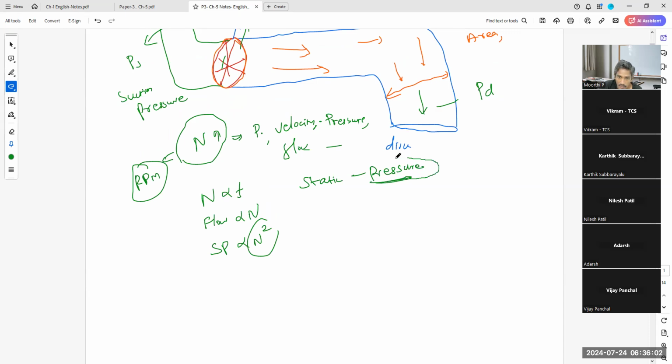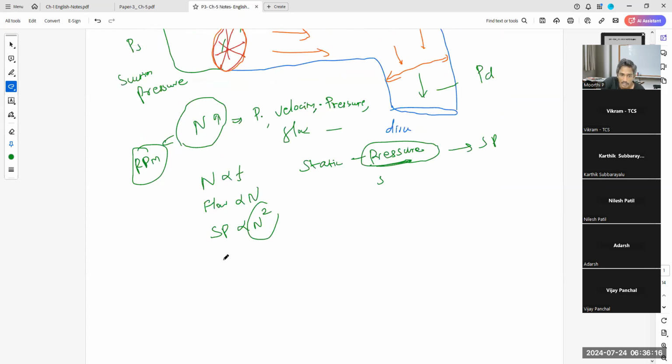Very important. Not total pressure, it's static pressure. Next is power. The fan consumes power. Power directly proportional to N cube. Understood? The N cube.